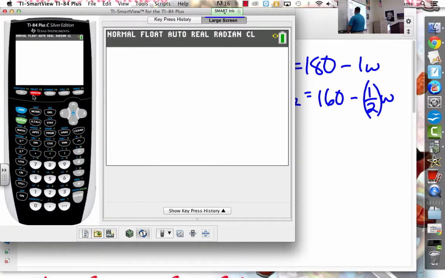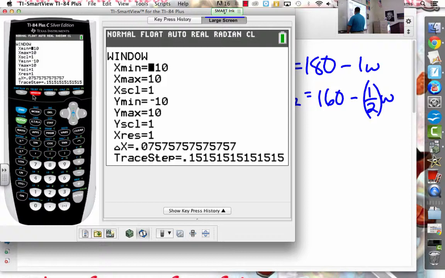And I got to change the window because my y values are pretty high. My x values should start at 0, and then maybe we'll go up to 20. I don't know where it'll cross. My y values should be positive, and since it's large, I'm going to put 200.